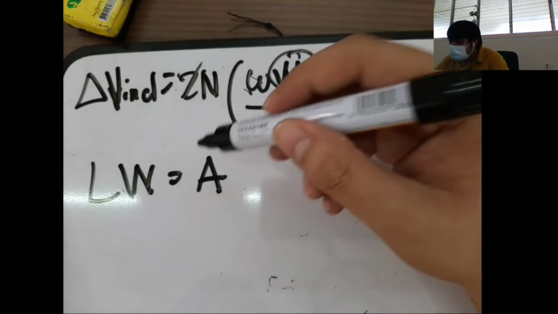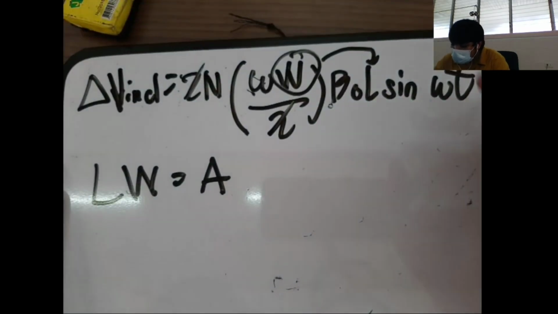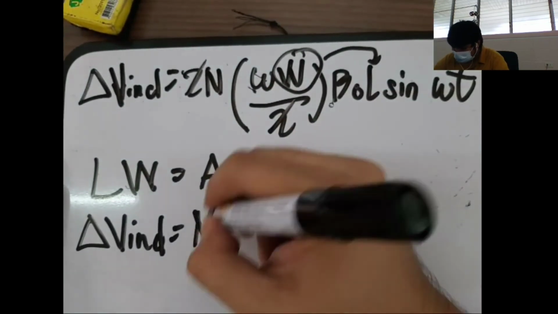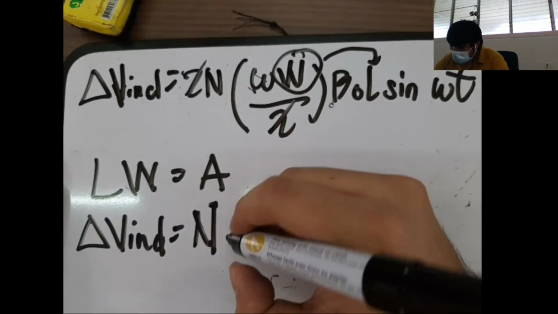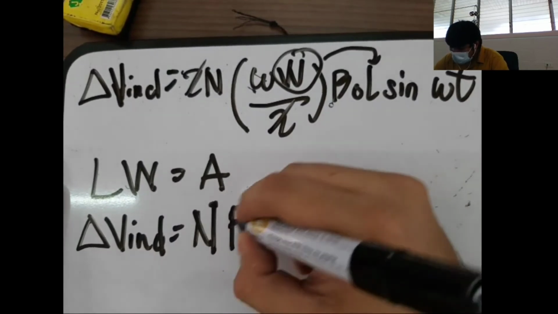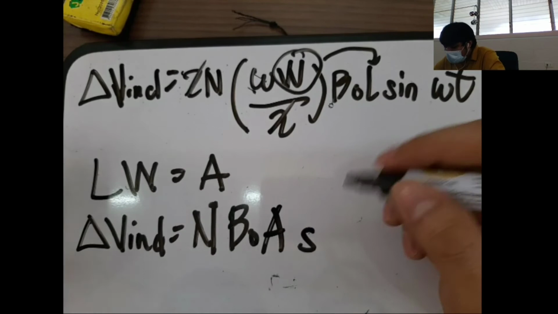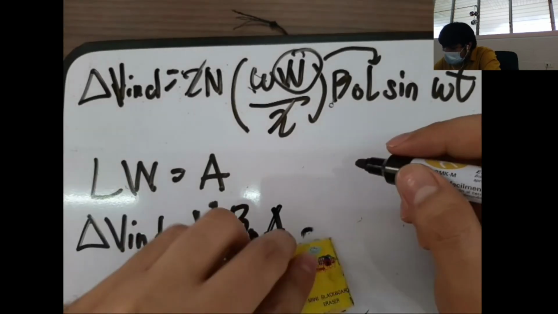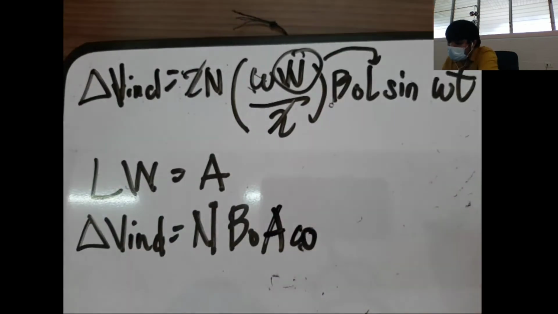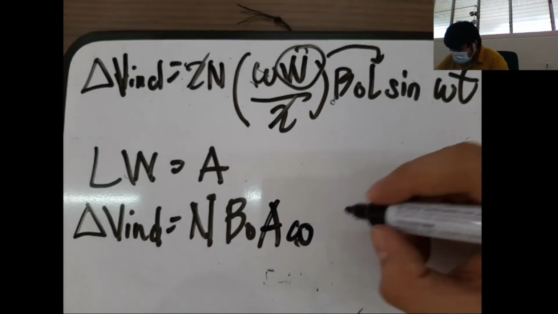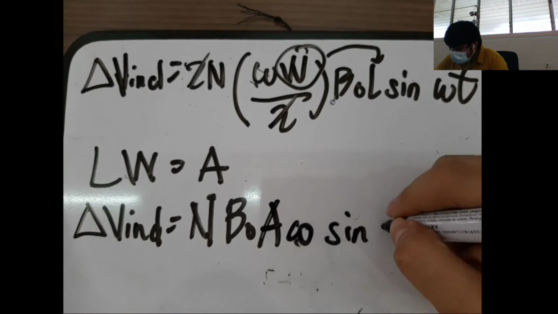So we substitute this expression to the formula of the induced voltage of the generator coil. This will now result in N B null A omega, I forgot the angular velocity, multiplied by sine omega times time.